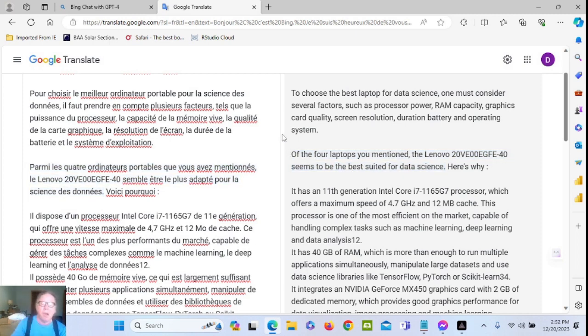So we got 2 votes for the Lenovo with the 40 gigabytes of RAM.